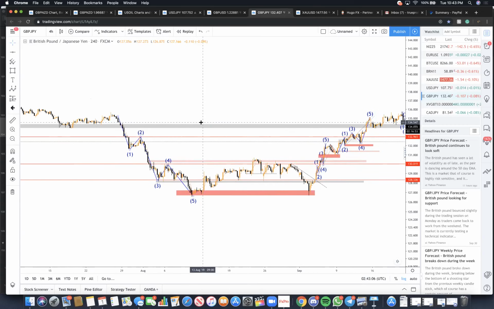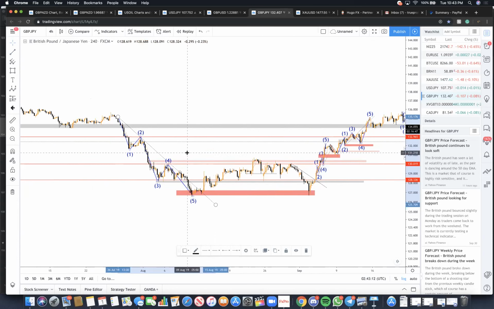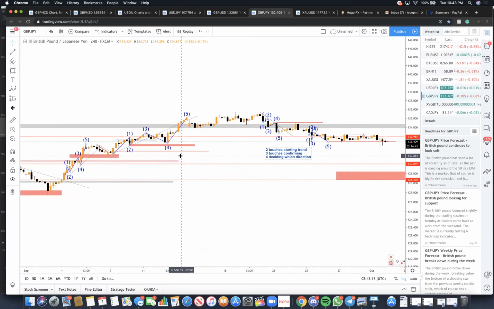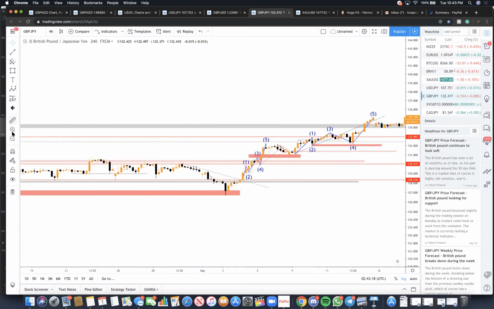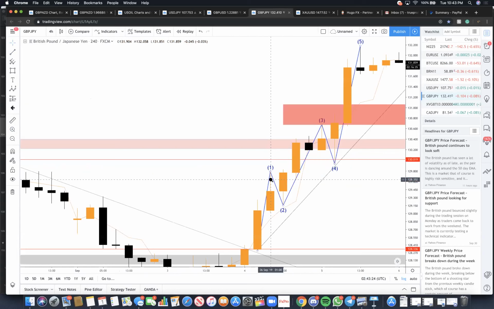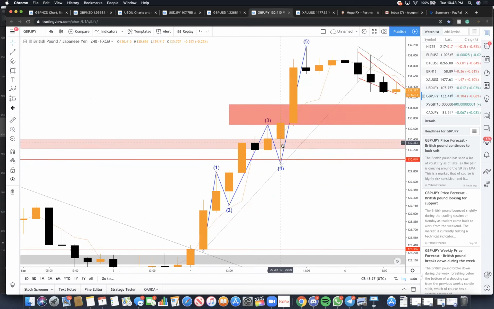So this is a primary example of where we would take market structure, identify the resistance of that market structure, and notice here that after the market broke above on the third wave, the market retested that zone and that price.